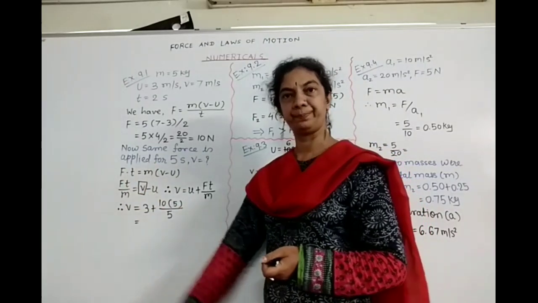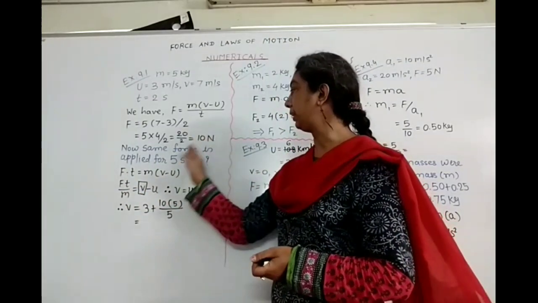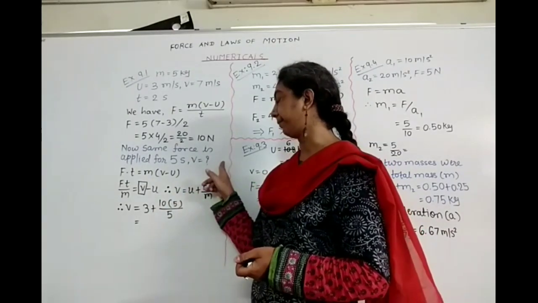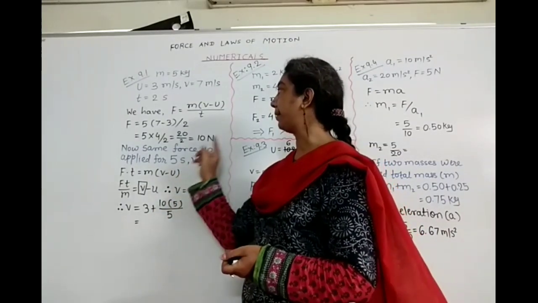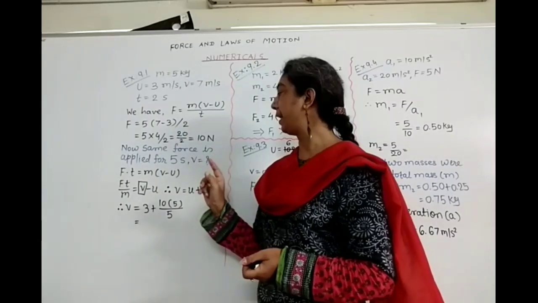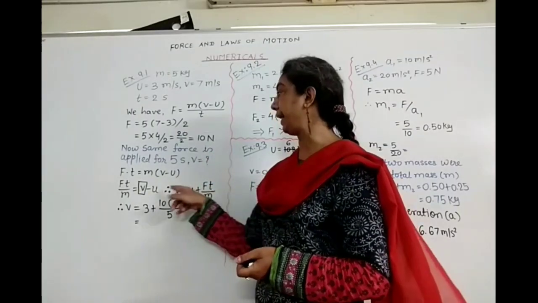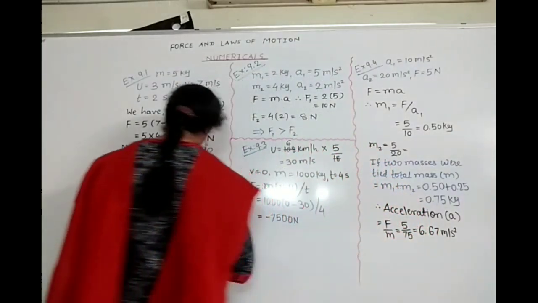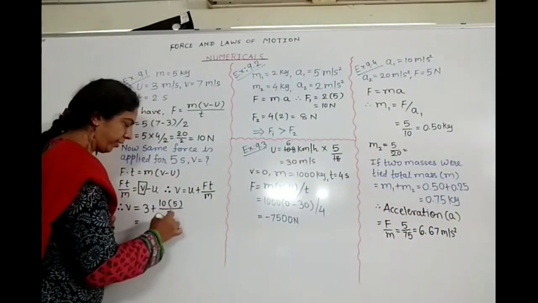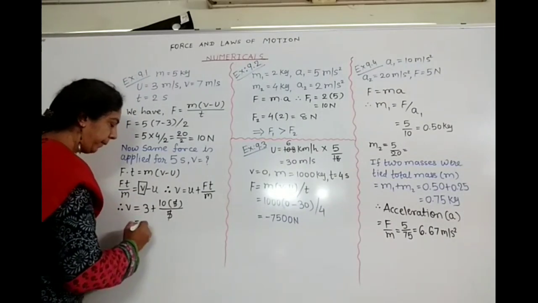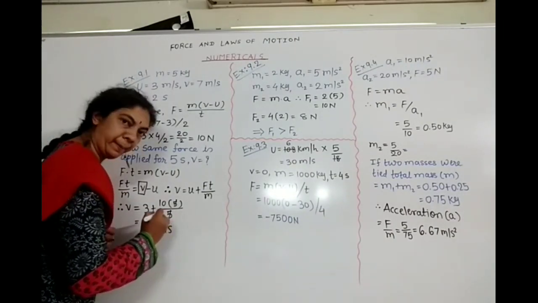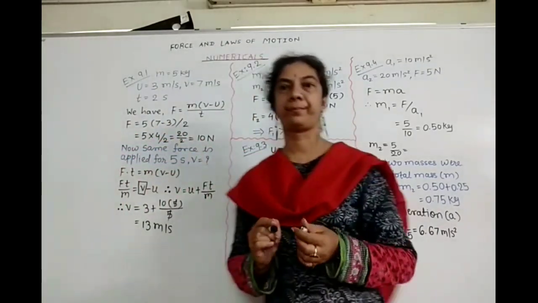And for that we will get v equals to F into t upon m plus u. Now substitute all the values. u is 3, F we have got as 10, and remember that time we are supposed to write down as 5 seconds. So by simplifying this, 5 will be cancelled. 10 plus 3, the answer is 13 meter per second.